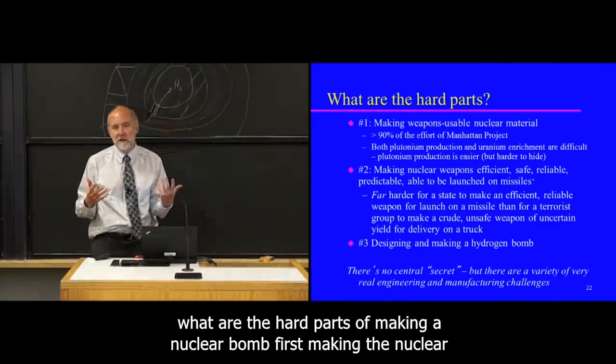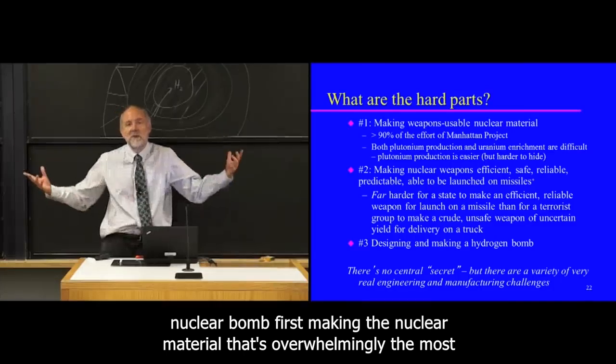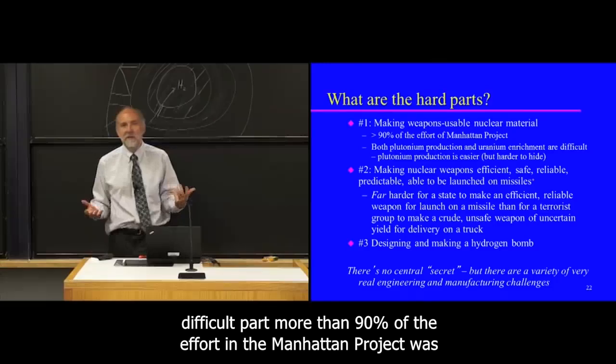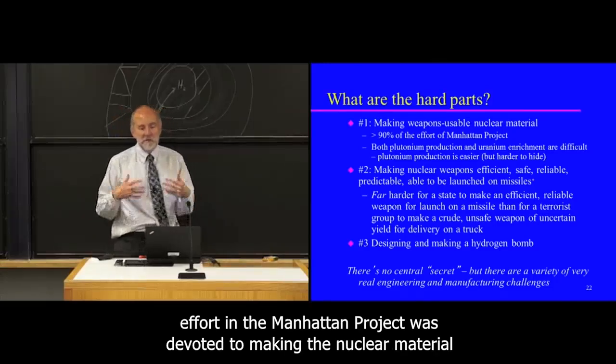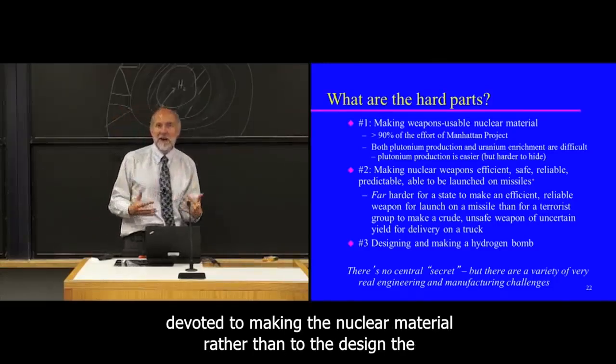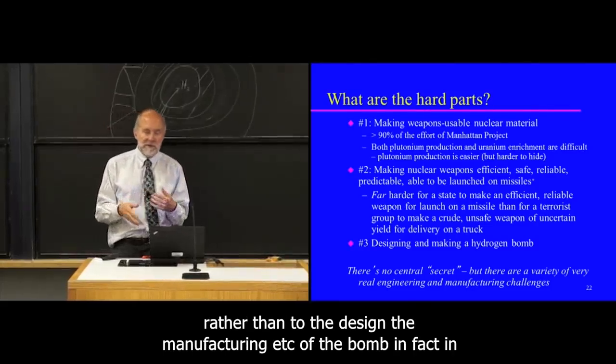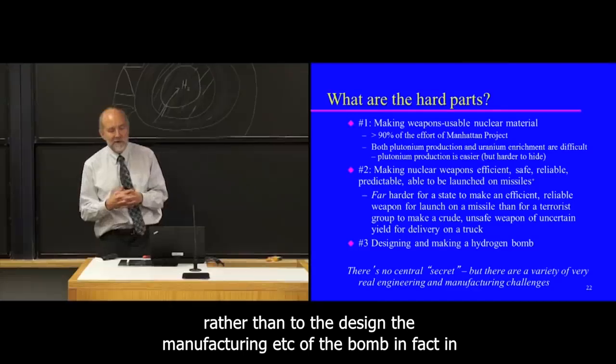First, making the nuclear material. That's overwhelmingly the most difficult part. More than 90% of the effort in the Manhattan Project was devoted to making the nuclear material rather than to the design, the manufacturing, et cetera, of the bomb.